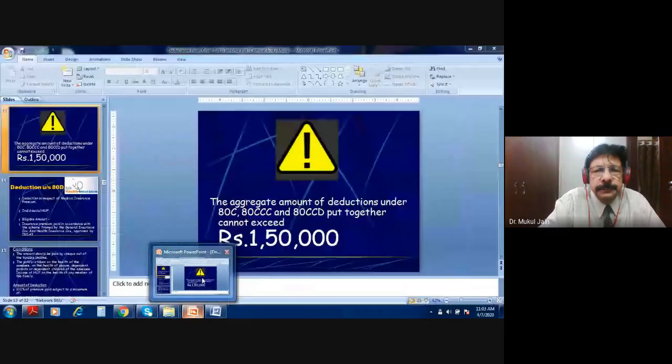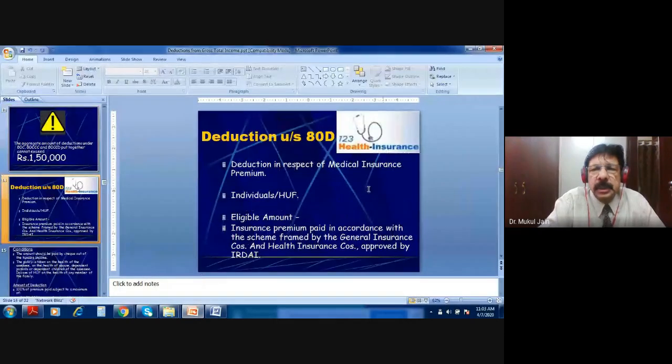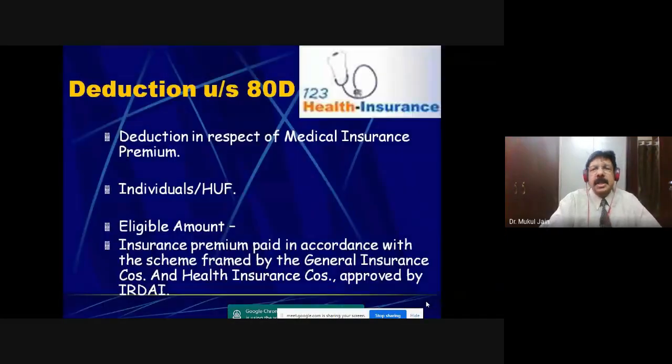Now we come to deduction under Section 80D. Again, 80D is also a very common deduction which most of the people try to avail. 80D says that there can be a deduction in respect of medical insurance premium.